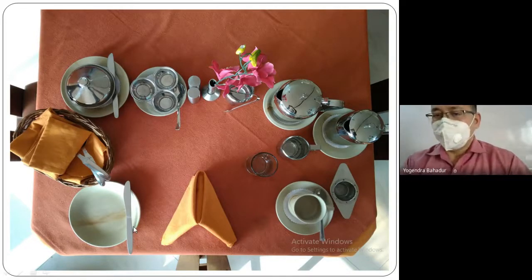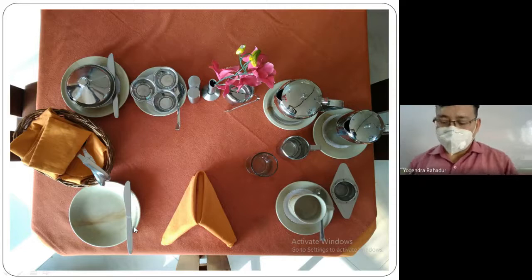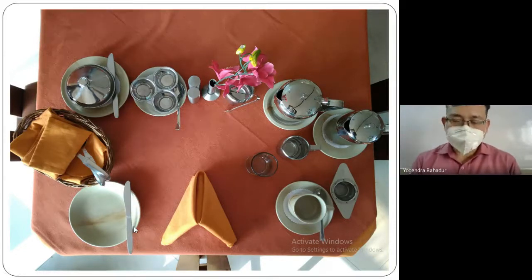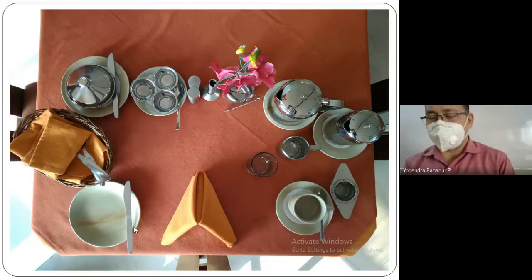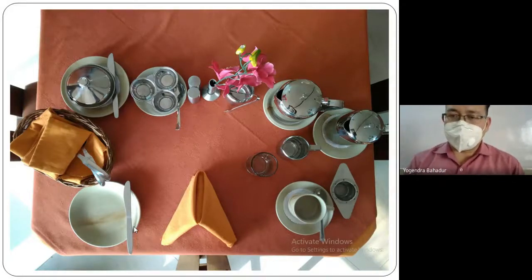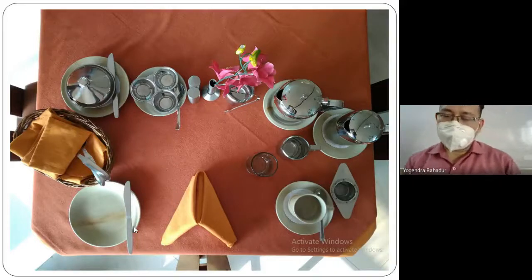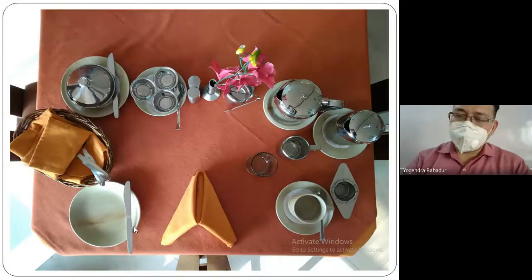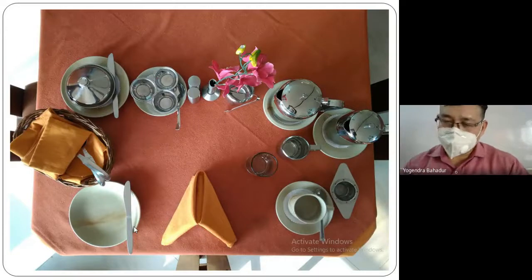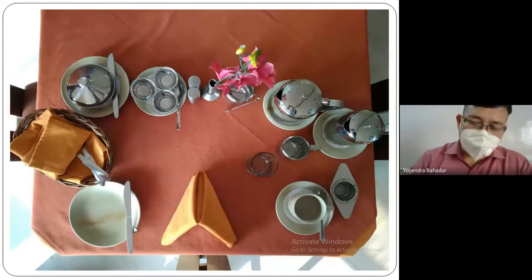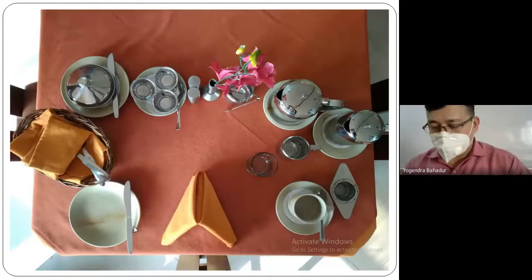That's it. So if we compare the English breakfast with the continental breakfast, while converting the English breakfast into continental breakfast, we have first of all removed the fish knife and fish fork. Second, we have removed the AP knife and AP fork.